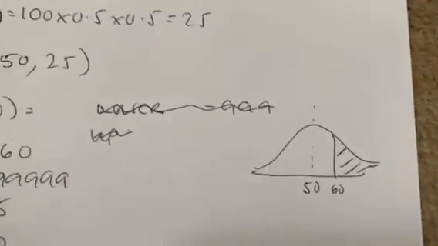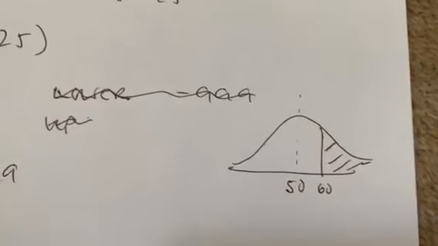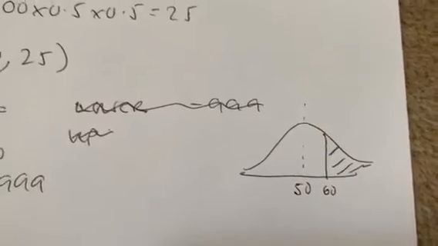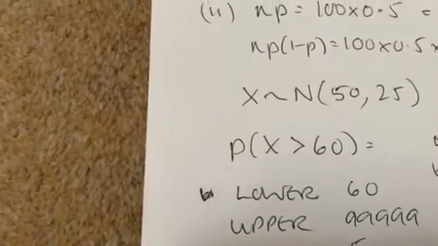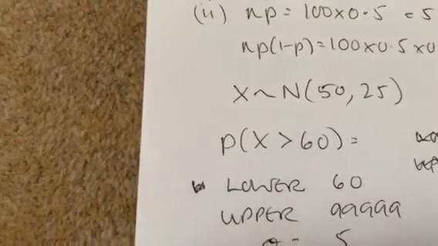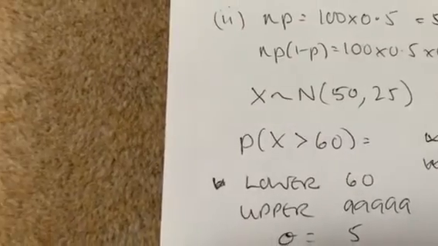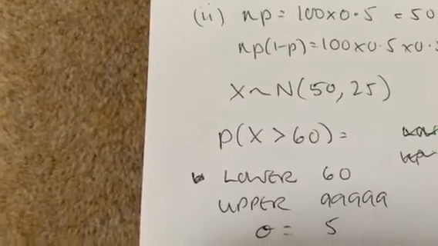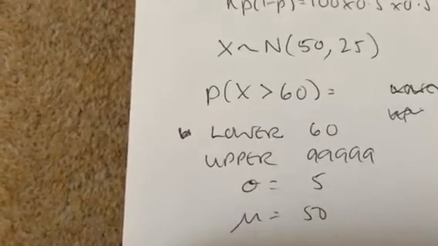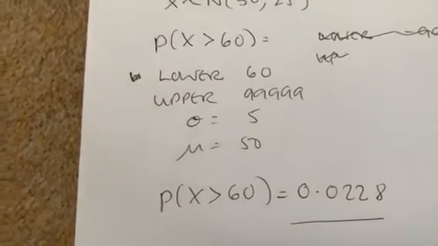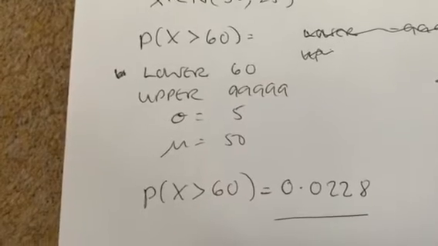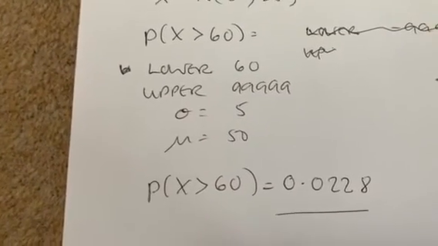If you visualize what that's going to look like, it's going to be less than a half. So it's straightforward cumulative normal. Lower is 60, upper is huge, your standard deviation is 5, your mean is 50, so your probability of x greater than 60 is 0.0228. Not a great approximation.